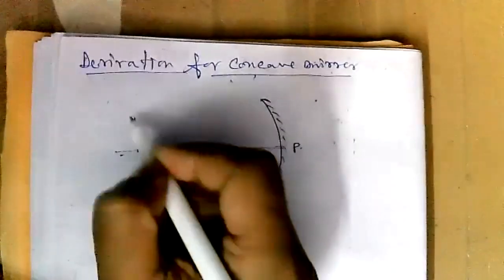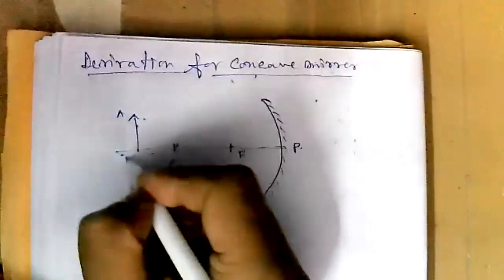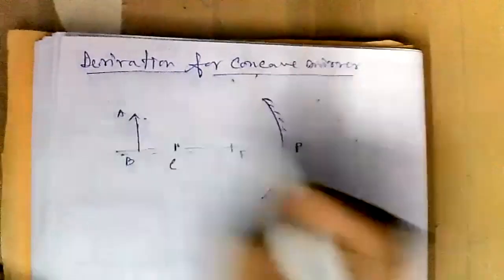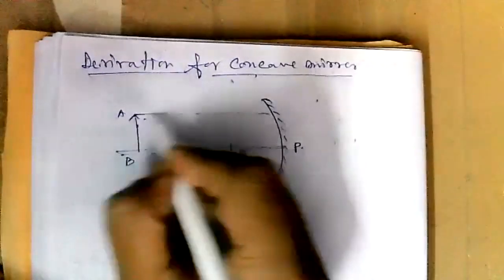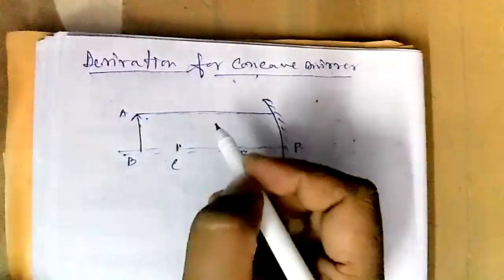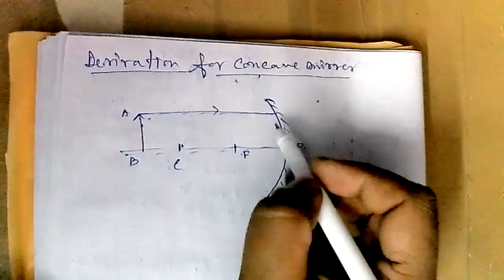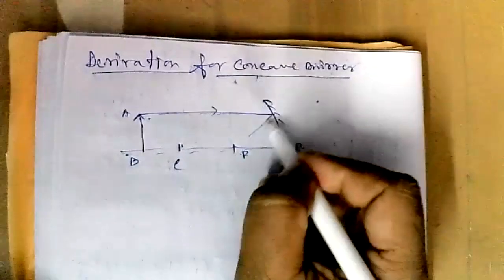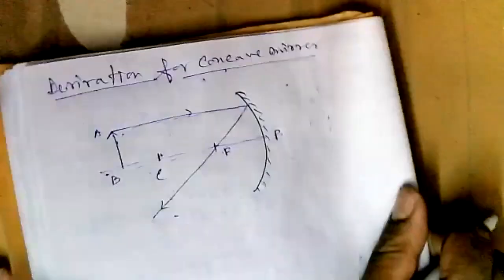Consider this is my object AB. We will take three rays. One is parallel to the principal axis, which after reflection will go through focus.